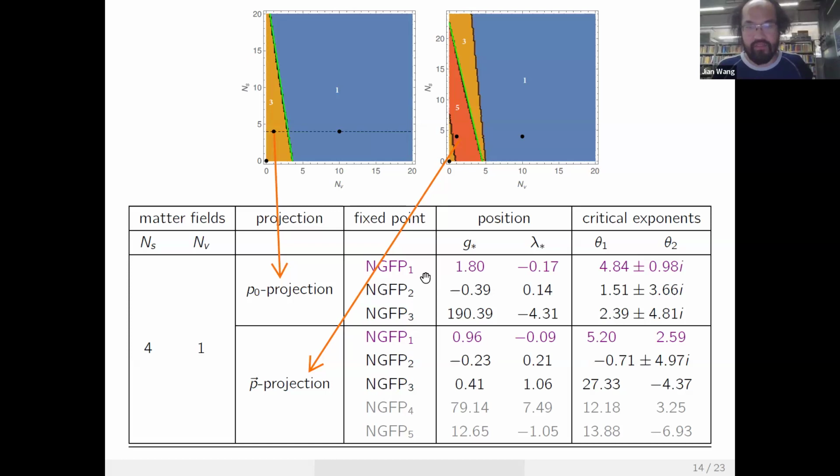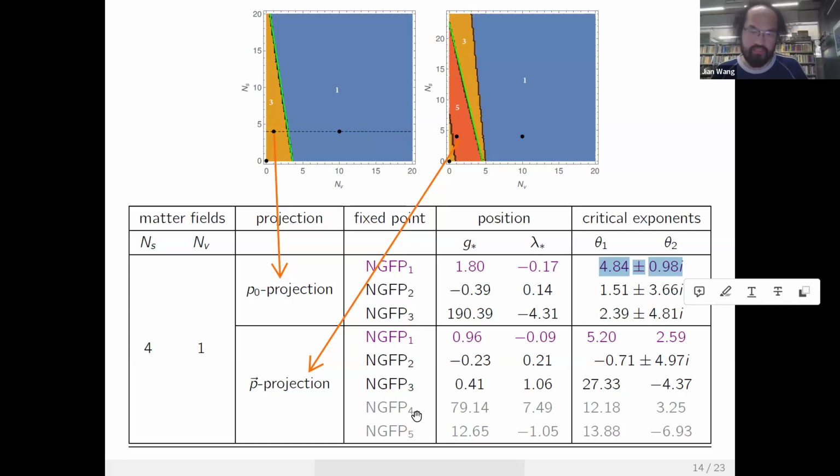However, we could still find that the first phase point persists for this system, and we also found that the properties of its critical exponents are almost independent of the projection. That means we still have 2 relevant directions for this point, and this result is independent of the projection. Well, for phase point 2 and phase point 3, they still depend on the projection methods, so we will just regard them as unphysical.